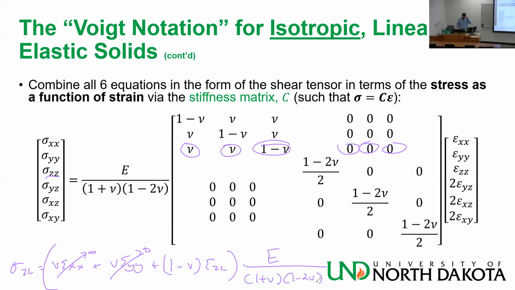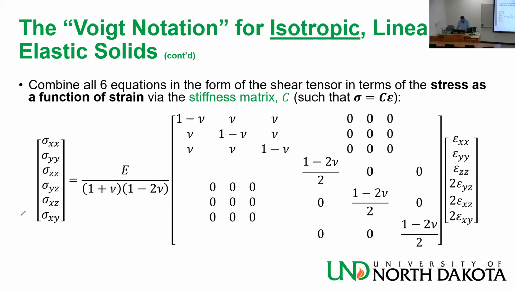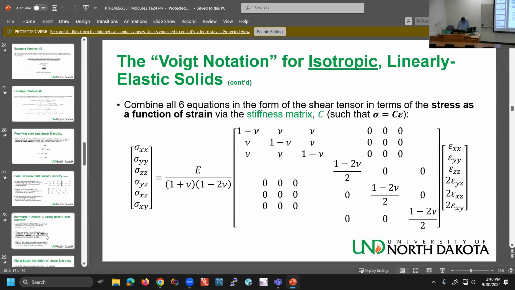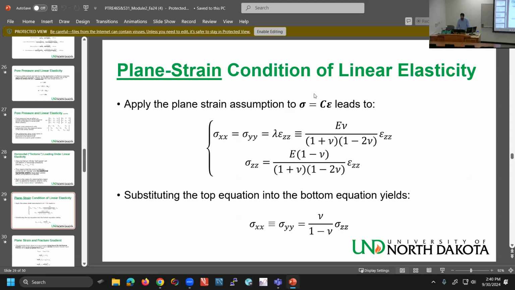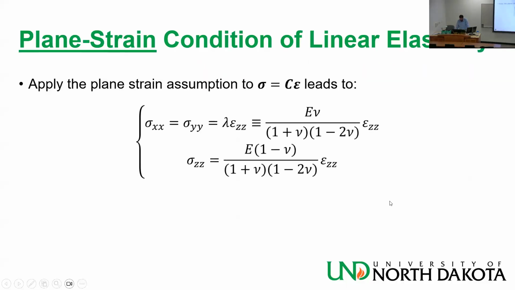Okay, now I have two equations, one for sigma xx and sigma yy, and one for sigma zz. I want you to be very familiar with how to use this matrix the way I did today and the last time.